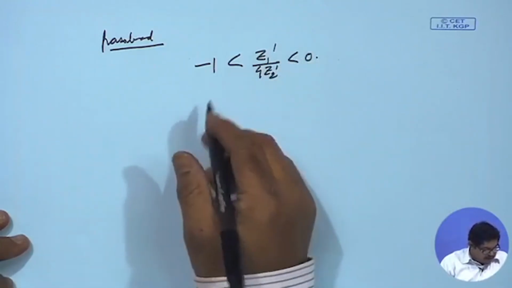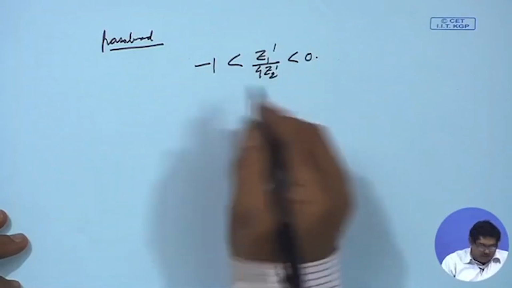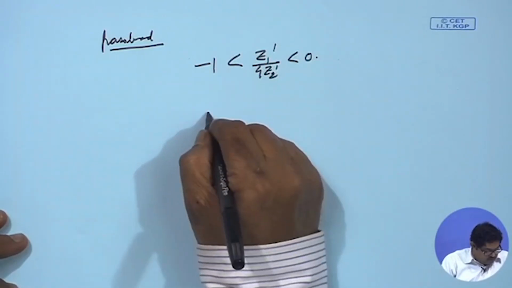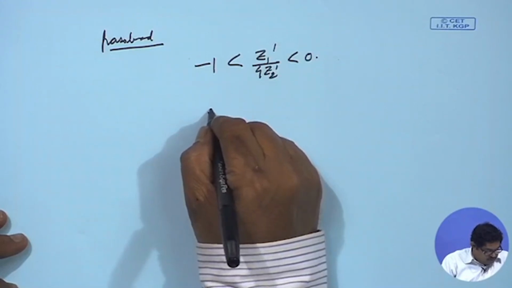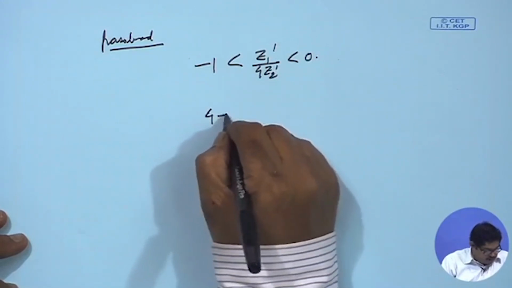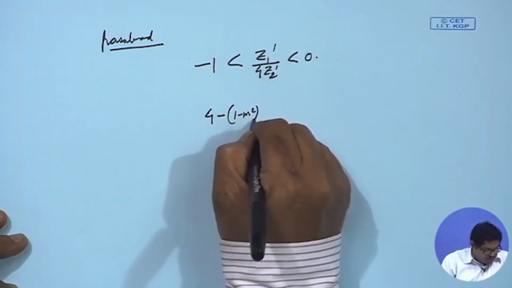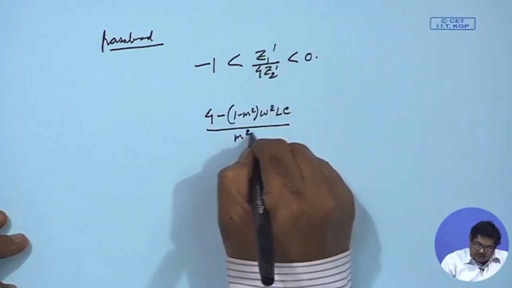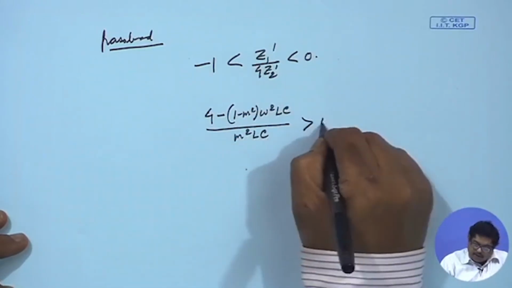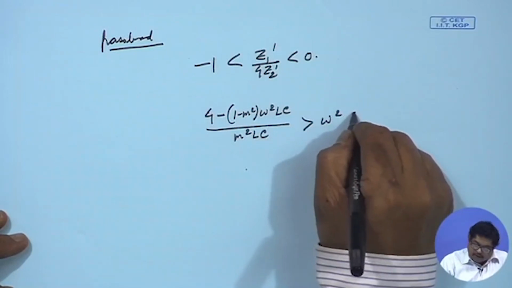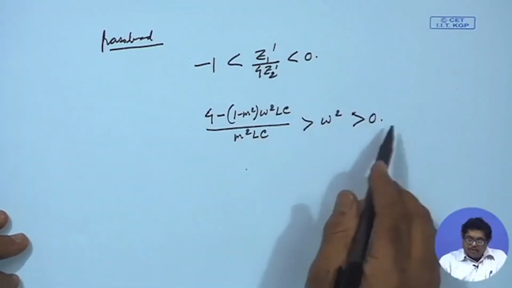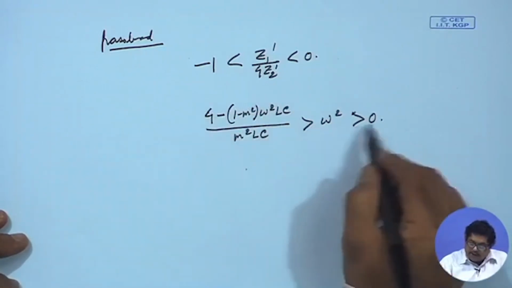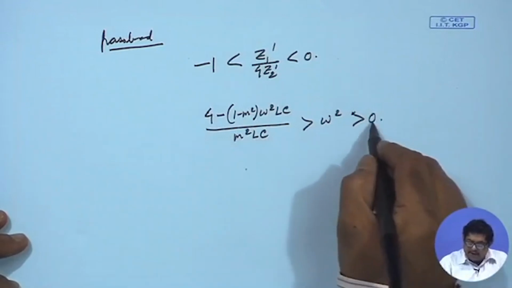So, if we manipulate this, we get that 4 minus 1 minus m square times omega square L C by m square L C is greater than omega square is greater than 0.